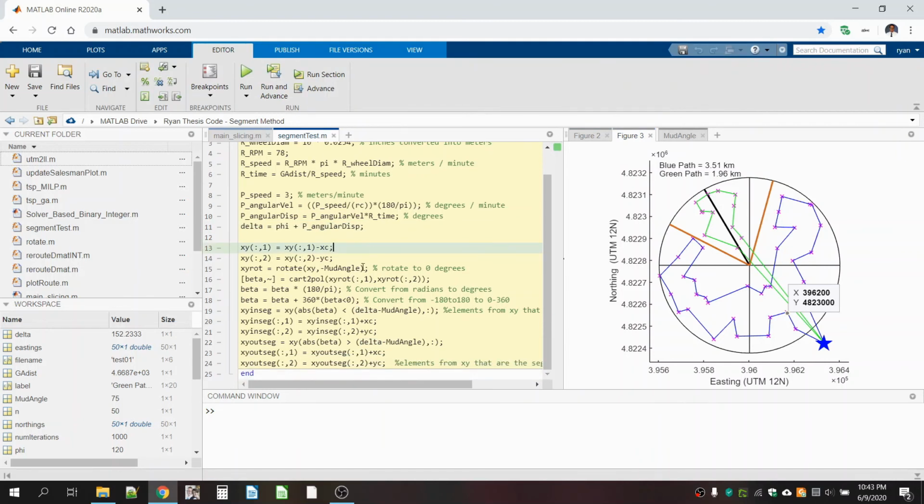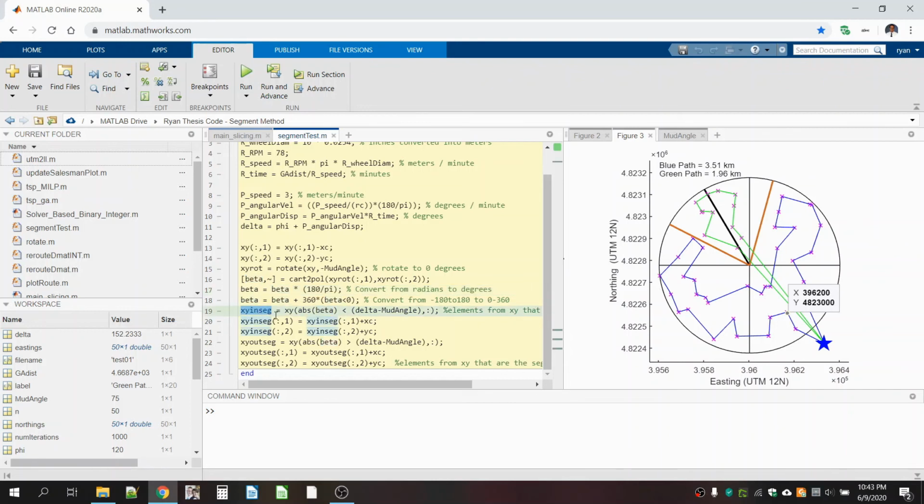And here we're rotating all the points by the mud angle. This time I converted from Cartesian coordinates to polar coordinates, and you'll see why in a second. So beta is my xy in polar, and I'm converting from radians to degrees, and I'm making all of my angles be from 0 to 360.